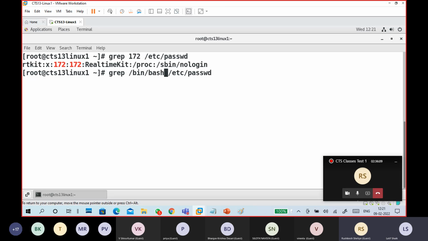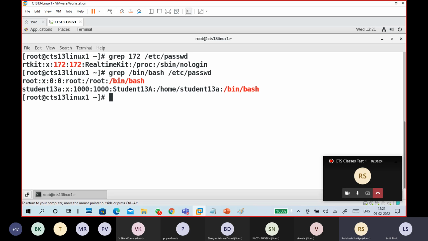In the file, there are several lines. If any line has this particular keyword, bin slash bash, display those lines only.